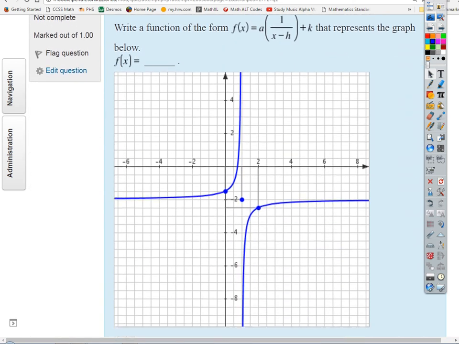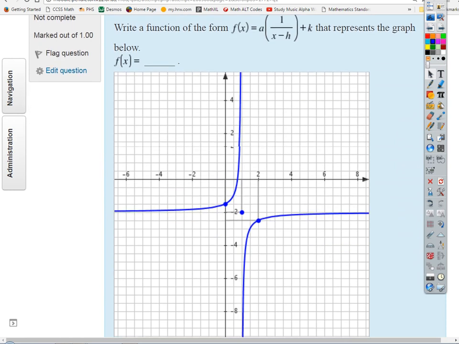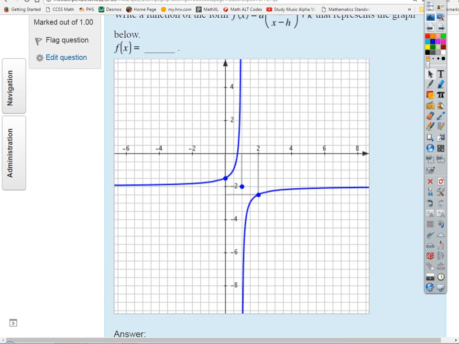Let's look at maybe, so now we have to do the opposite. Based on the graph, we have to write the function. So based on the graph, what are the values of A, H, and K? Well, H and K would be good ones to start with. What's H? 1, okay. What's K? All right, so if H is 1, K is -2, what's A gonna be?